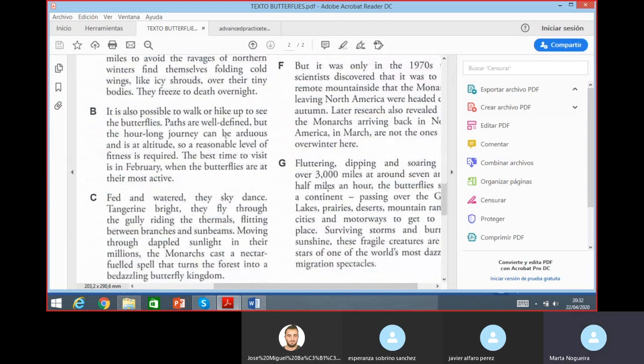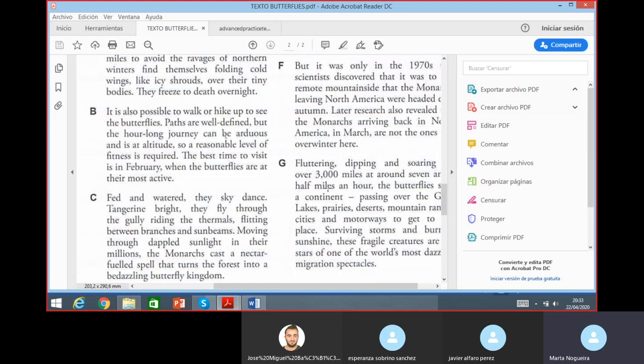Let's see B. It is also possible to walk or hike up to see the butterflies' paths. Path is way, camino, okay, caminos, are well defined, but the hour-long journey is a journey of 1 hour, understand? Can be arduous.